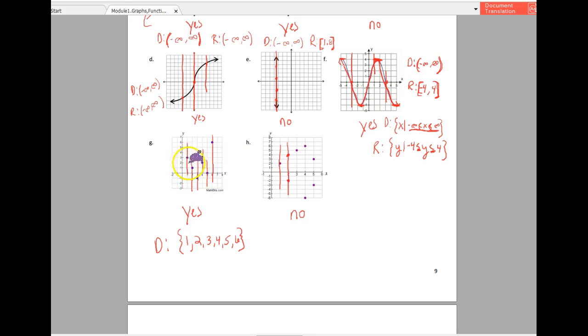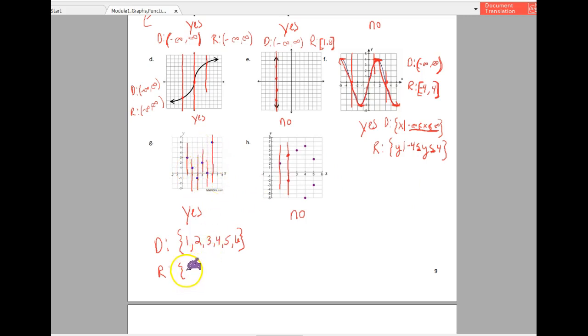There's no points between 1 and 2. So I can't say between 1 to 2 or 1 to 6. There's nothing here. So I just listed all the x values that I do hit. The range, let's see, I am hitting 3, 1, -1, 2, 0, and 6.